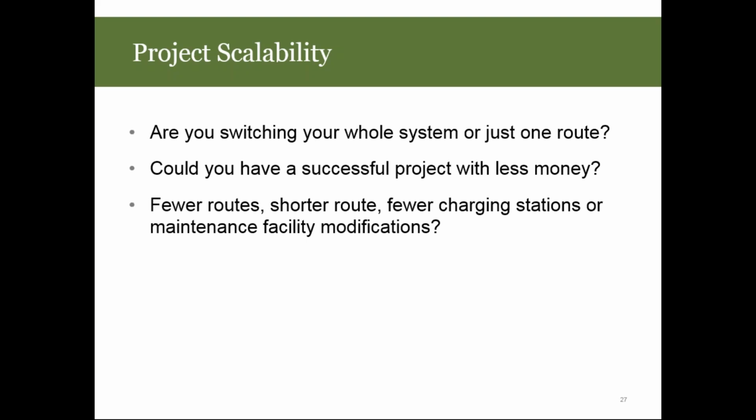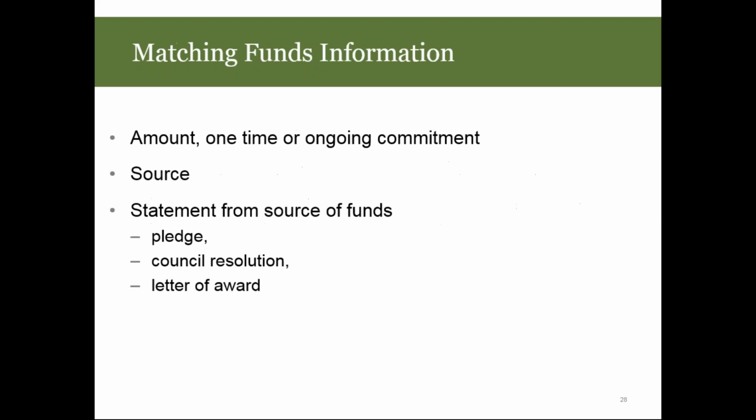Just having in mind that being flexible means that instead of purchasing your batteries, you might lease your batteries. So I think this question on the application is just to help you be aware of those things.